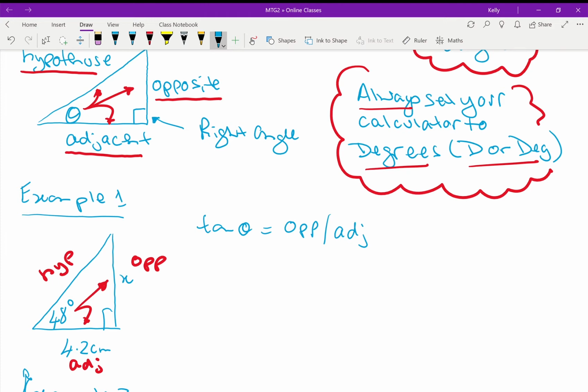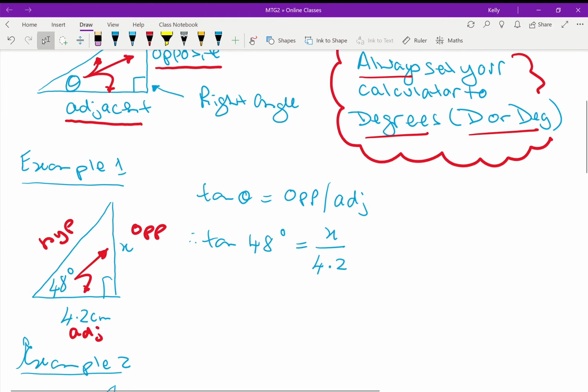The angle is 48 degrees, so I put in, therefore, tan of 48 degrees is equal to my opposite, which is going to be x, divided by my adjacent, which is 4.2. Okay, so I've done my substitution. Now I need to make x the subject of the equation, or move the x to the left-hand side.